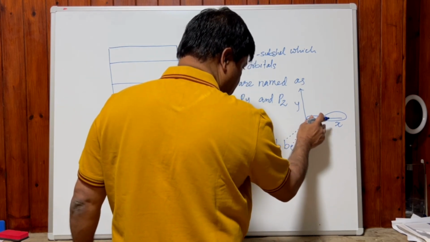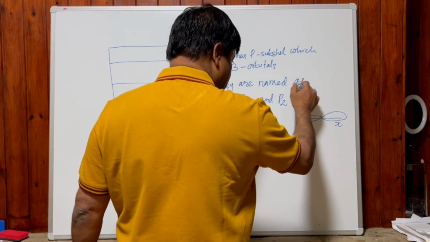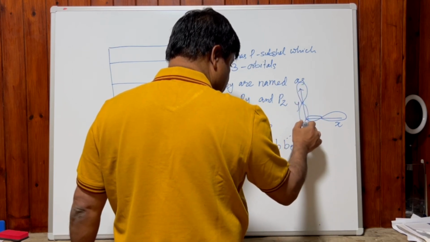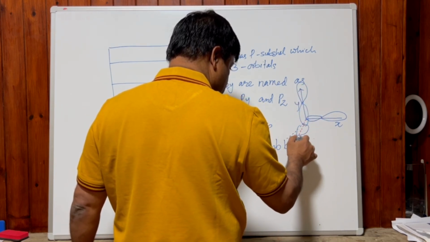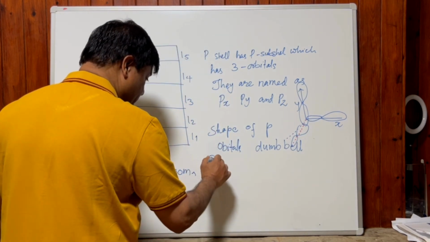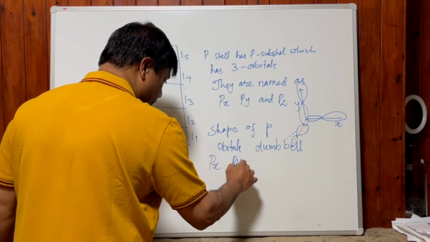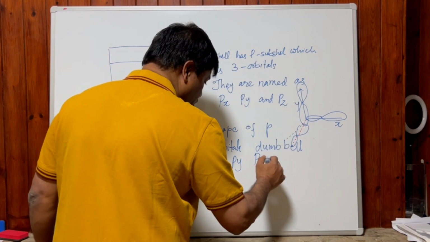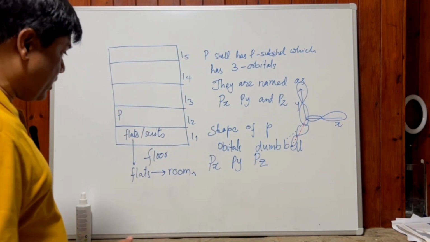So this dumbbell is on the x-axis, that one is on the y-axis, and one is on the z-axis. So px, py, pz. How many orbitals? 3 orbitals.